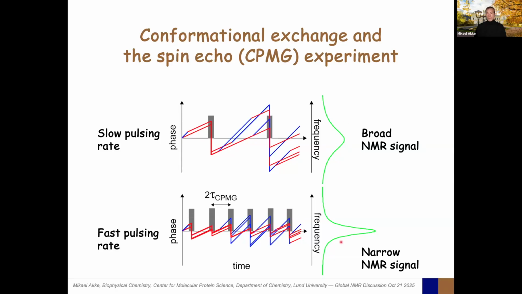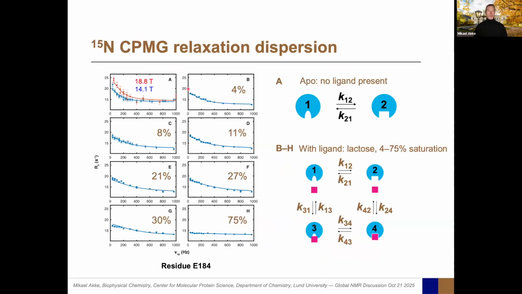And then you see that the width of the signal will change. It will become more narrow, or conversely, the decay of the signal with the refocusing rate will decrease. And that's exactly what we actually measure. So here you see actual data for galectin-3, and you see these decays.